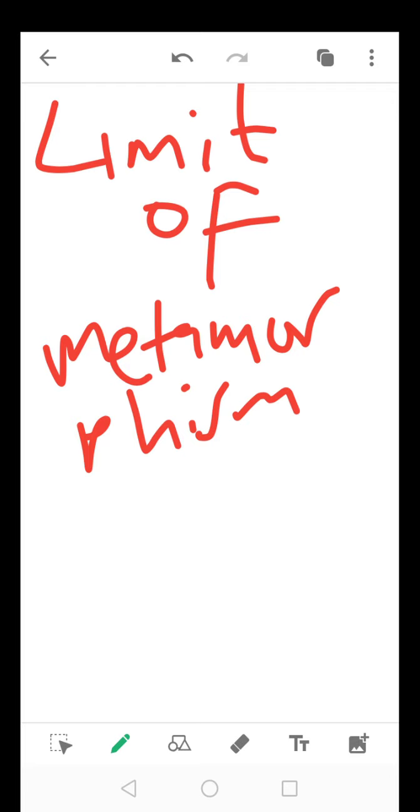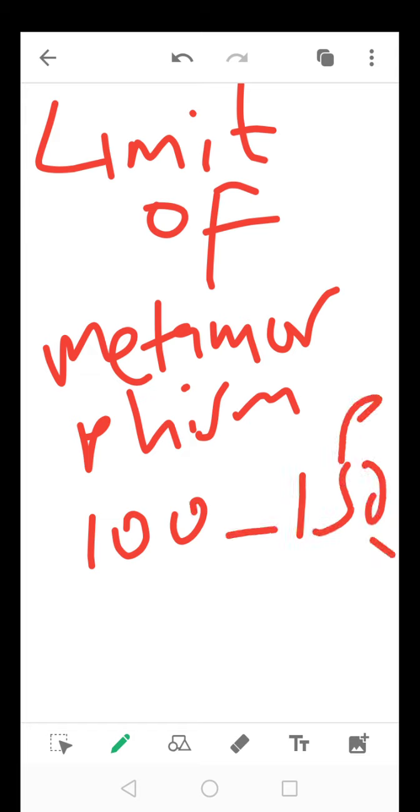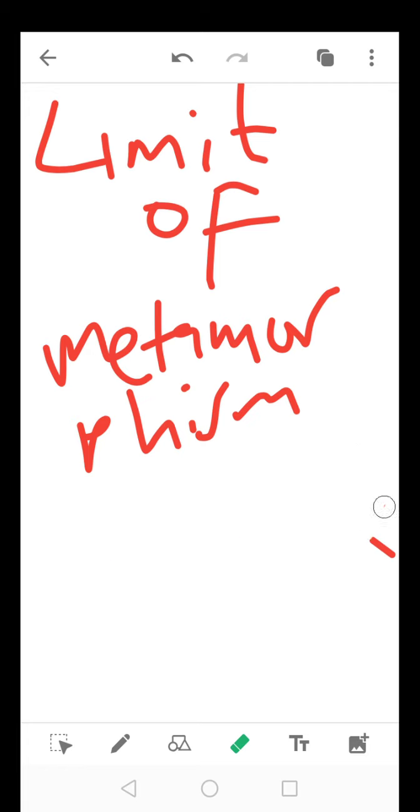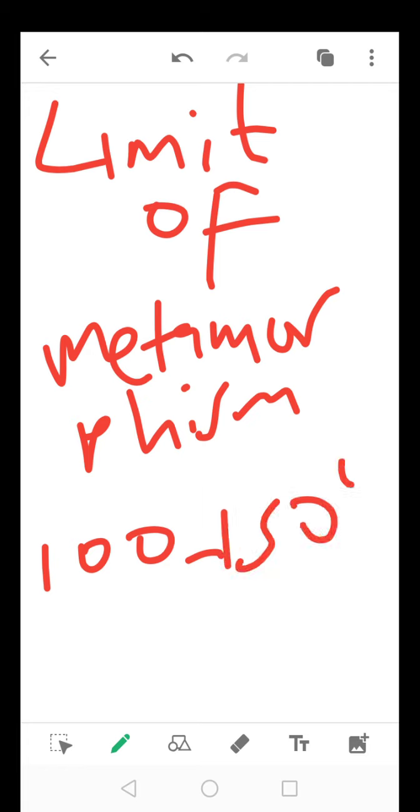So temperatures that are at least 100 to 150 degrees Celsius, we call these conditions the lower limit, which is bounded by weathering and diagenesis.